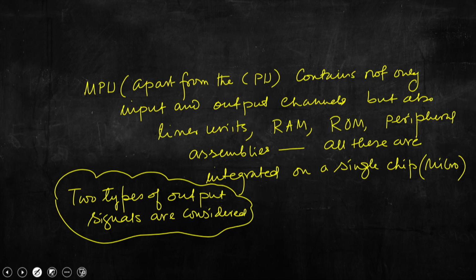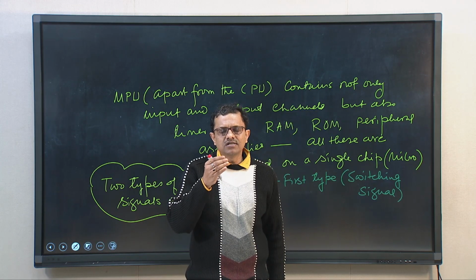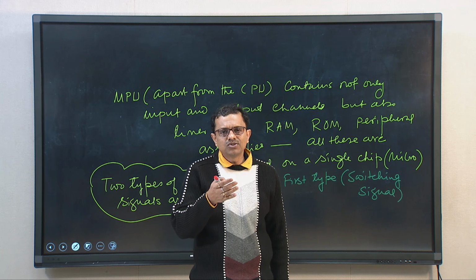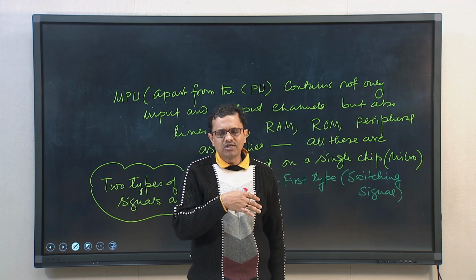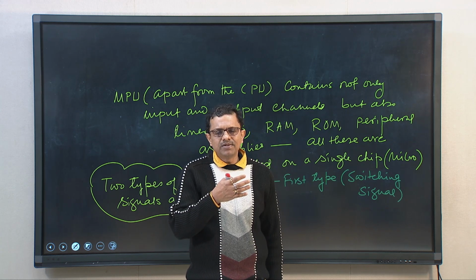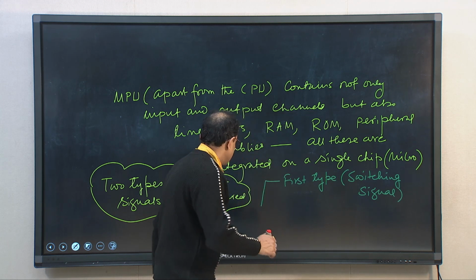Let me write these two types. One is switching signal, the first type, which switches the actuator on and off. So, the actuator will actuate based on the signals that come from the microprocessor unit or MPU. So, first type is switching signal, that means it will switch on and off the actuator.